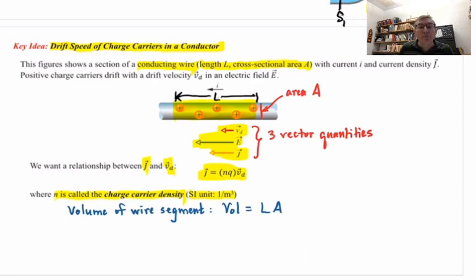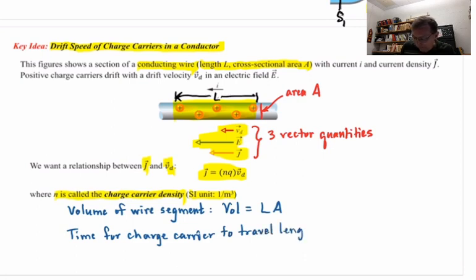Next, our charge carriers, our positive charges, are drifting at a constant rate from right to left. So I can ask the time for any one of the charge carriers to travel length L. Delta t.